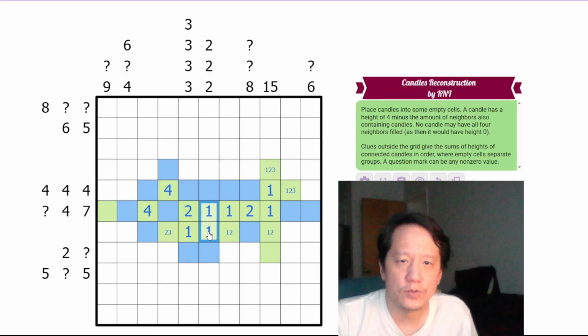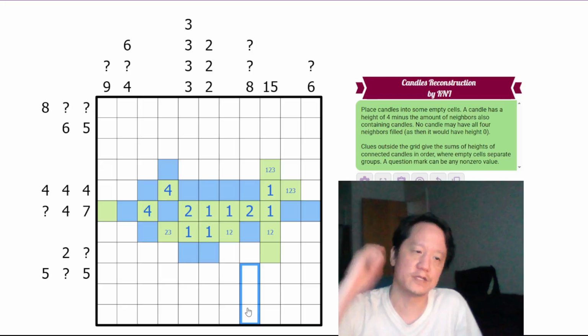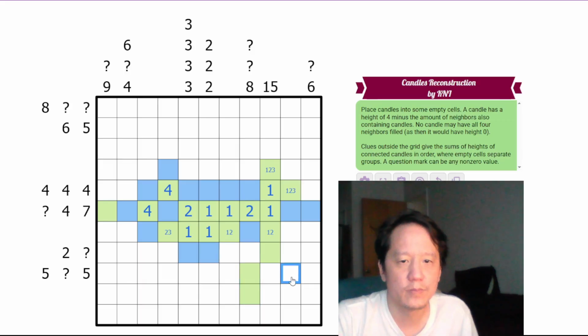This is 2. This is 2, so this is not 8. You have to have 3 cells at least with candles to add up to 8, because you can't have 4. So these are guaranteed to be green. This is 4. This could be 2 greens.